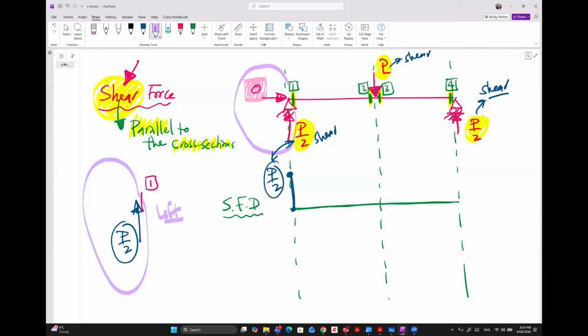What do you think? Is this force going up or down? The arrow is going up. So that's why, if we call this a datum, this line is the datum line.